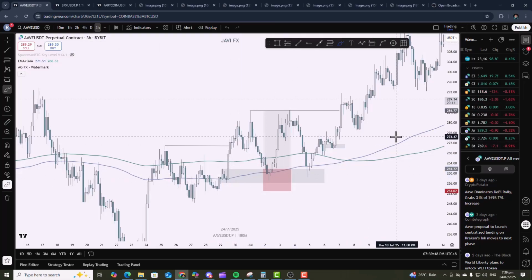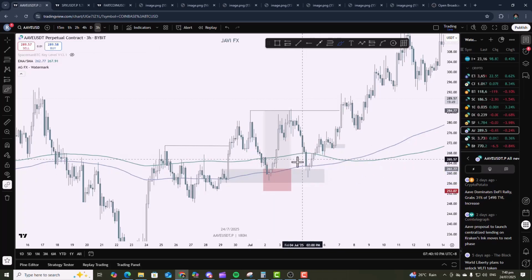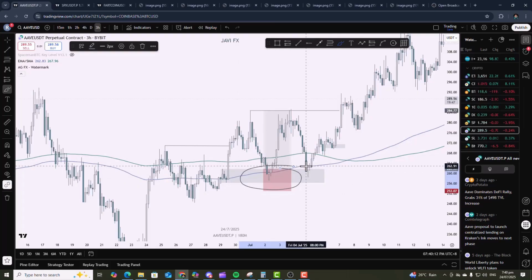When a demand zone, or a supply zone for that matter, falls right at the moving average, then your trade suddenly becomes exponentially more probabilistic, right? It's just more likely for you to win. That's all. If the two confluences align with each other, there's a higher probability of you winning.